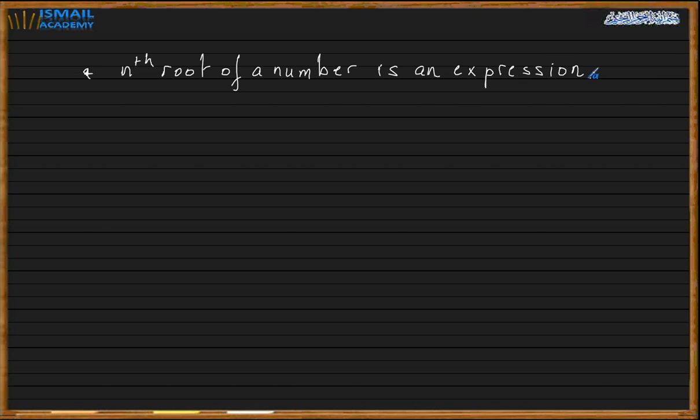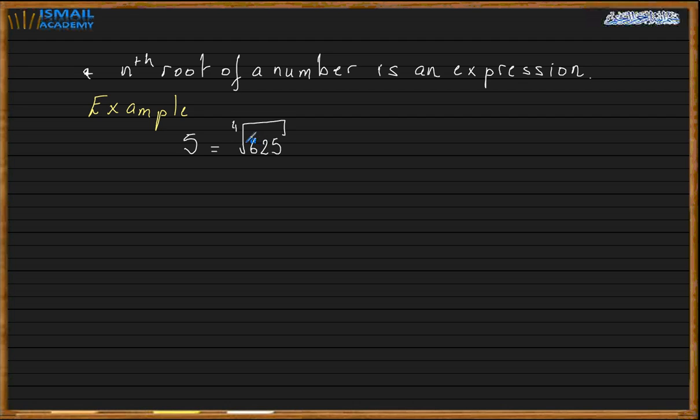So let me show you an example. 5 is the fourth root of 625. You see I represent 5 with that new form, which involves the radical sign notation.